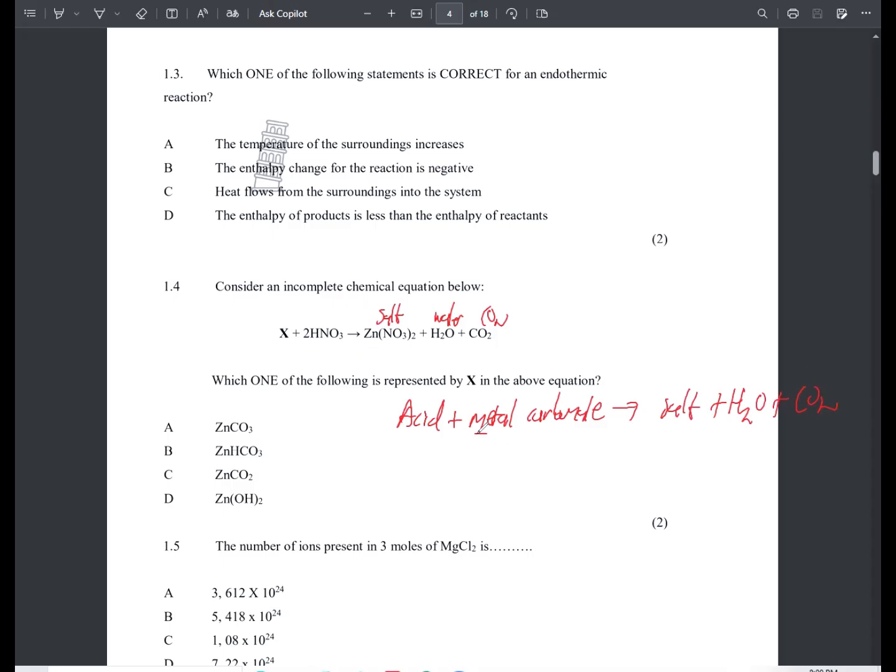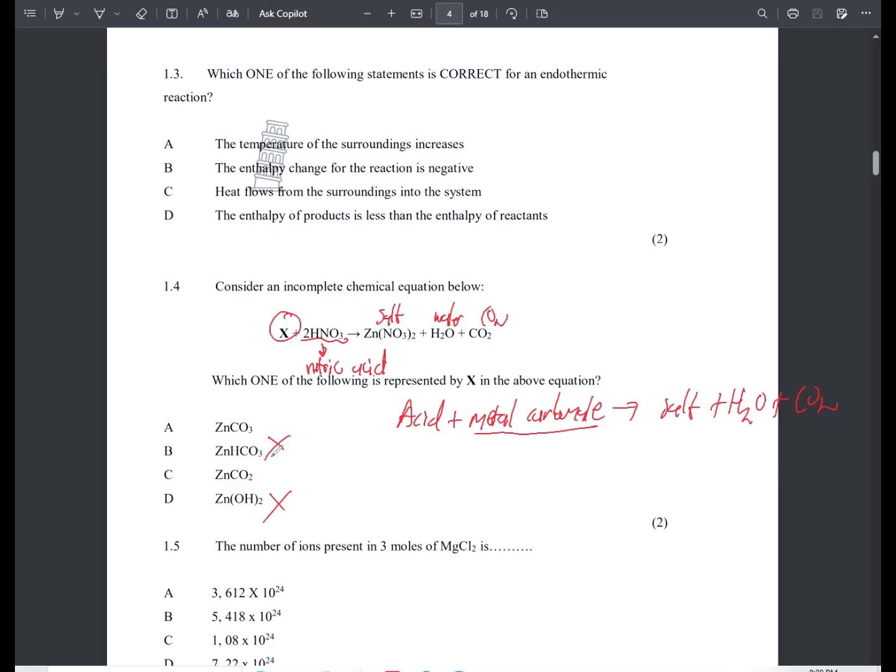Now, what is this metal carbonate that we reacted with this acid? Now, which one is the acid? This is the acid. It is known as what? Nitric acid. It's very important that you know that chemical formula there. It's nitric acid. So that means X here would have to be that metal carbonate. Now, which one represents a metal carbonate here? Definitely not this one. Definitely not that one. So this is hydroxide, obviously.